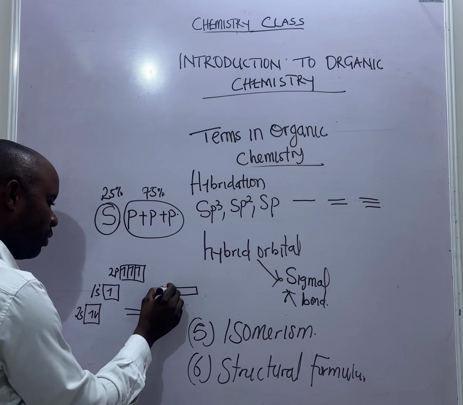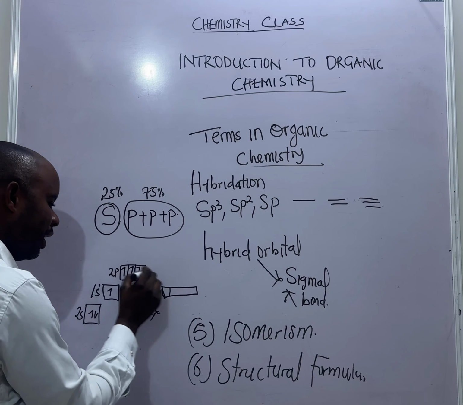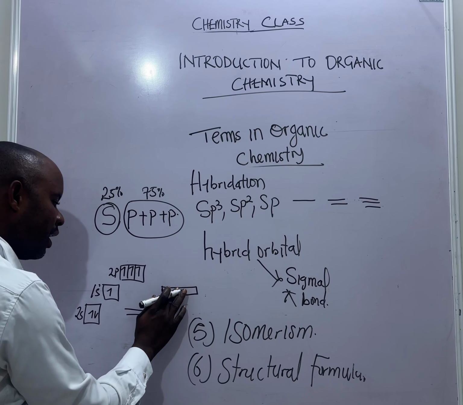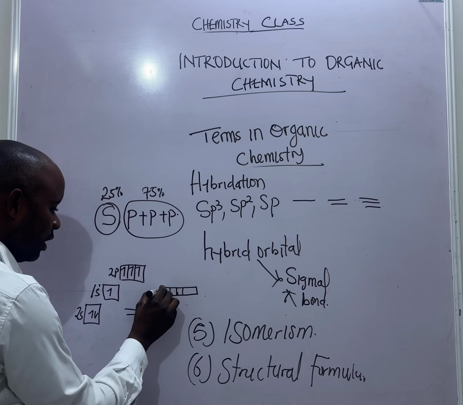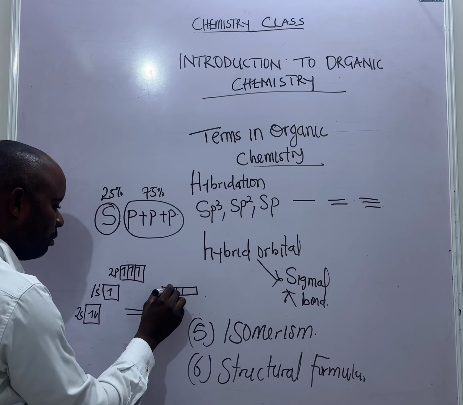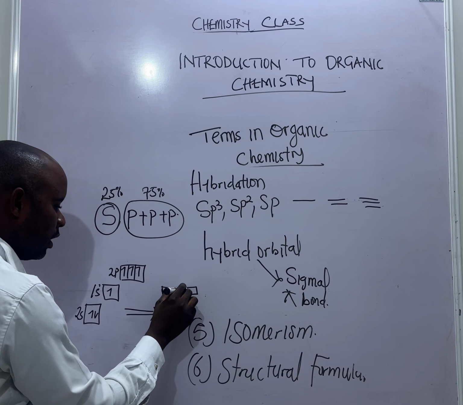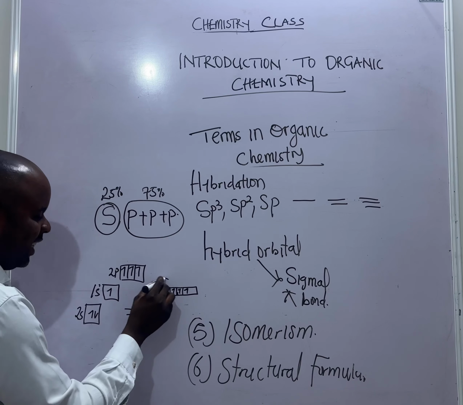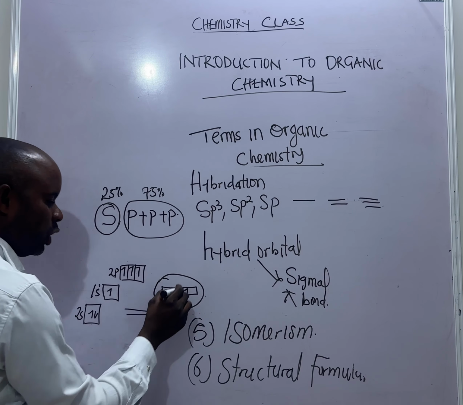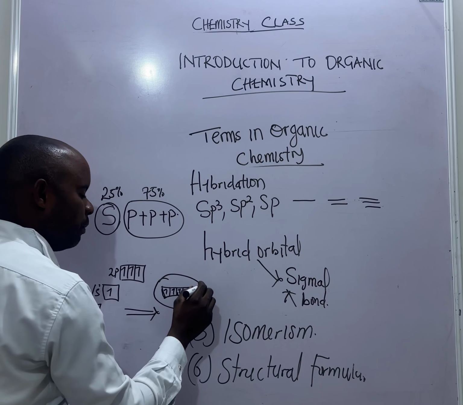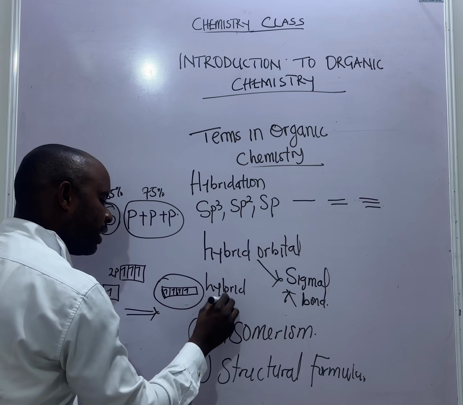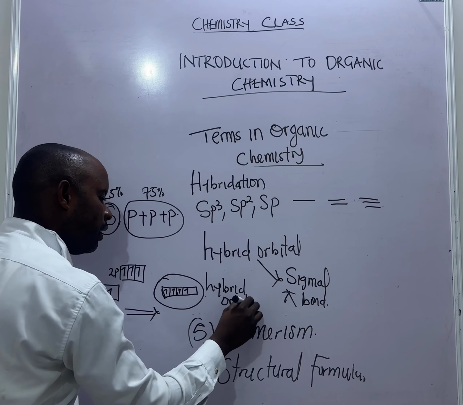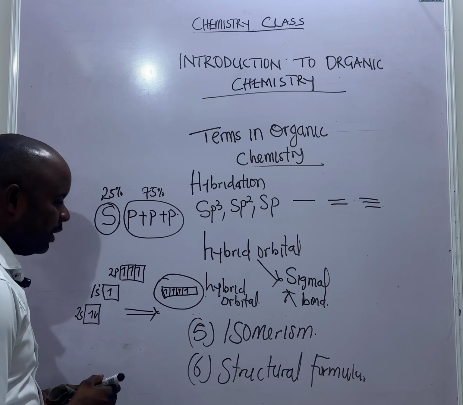That is, these three electrons here are used for bonding. This new orbital that is formed is known as a hybrid orbital.